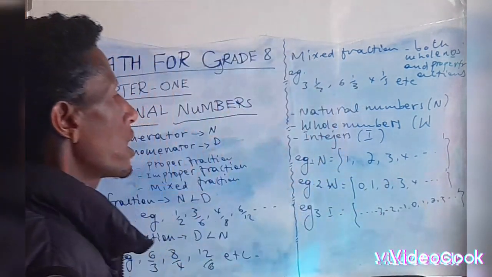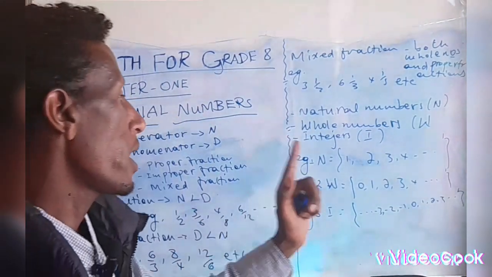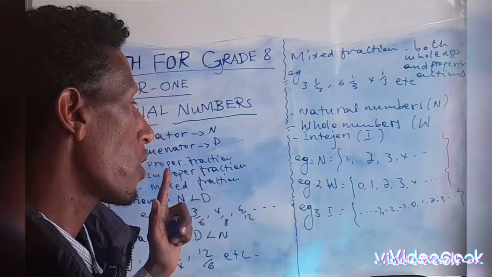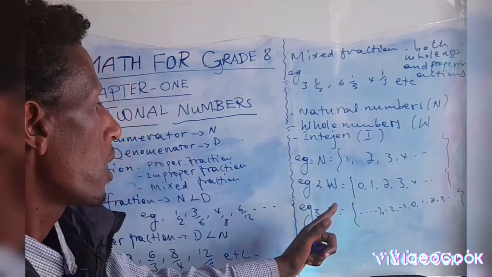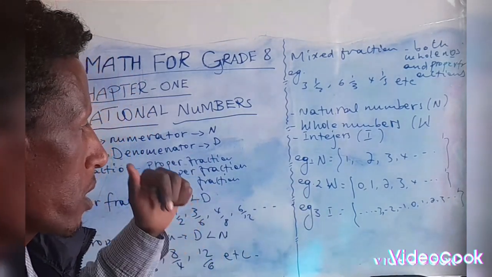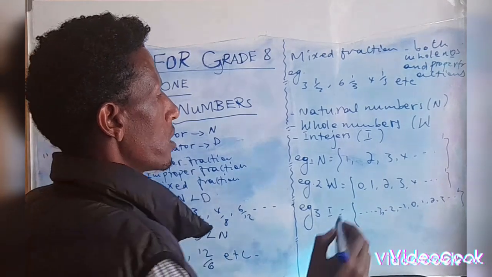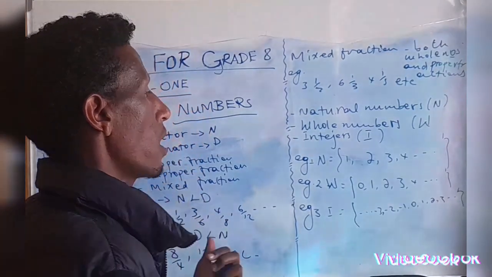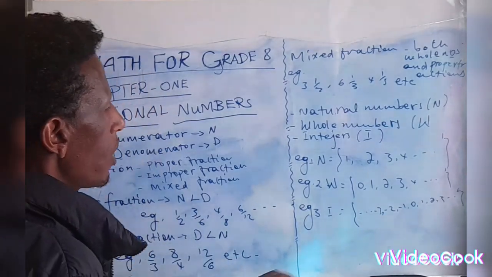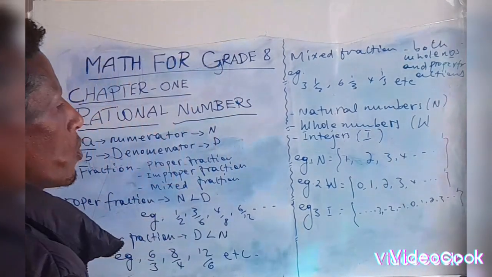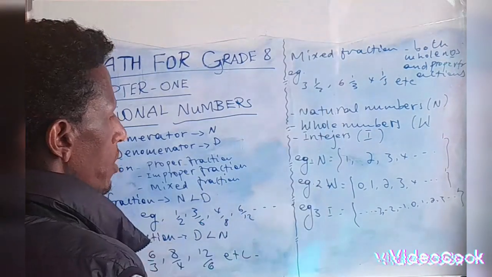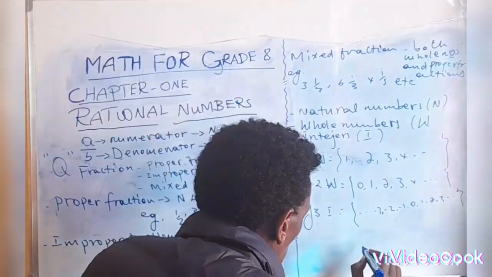The number found at the right side of 0 is known as a positive integer. The number found at the left side of 0 is known as a negative integer. 0 is neither positive nor negative, but it is an integer. Now let me show you the relationship between rational numbers and these numbers by using a Venn diagram.